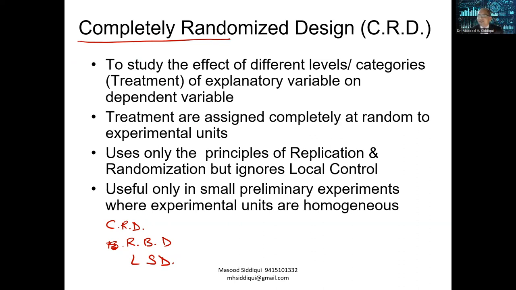It is used to study the effect of different levels, or categories, of treatment of an explanatory variable on the dependent variable. Suppose we have a variable that is advertisement, and suppose A1 is the radio advertisement, A2 is the TV advertisement, A3 is the advertisement in the newspaper, and A4 is the advertisement in social media.